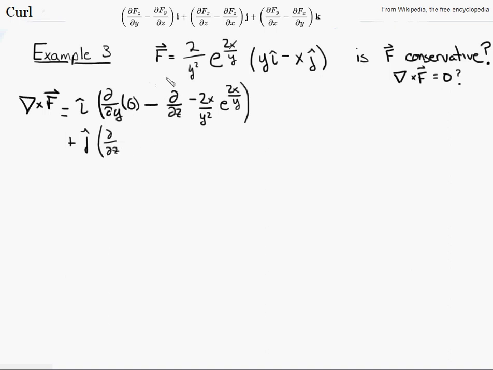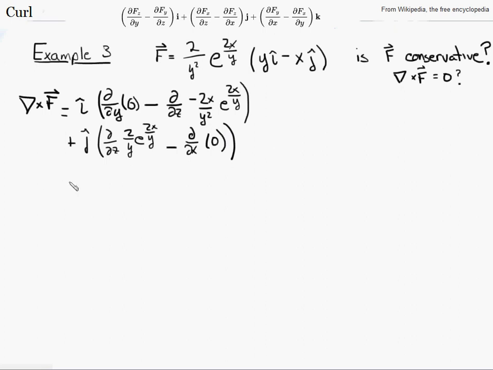Then we go to the i hat part of the function, or 2 over y times the stuff, because the y here canceled one of the y's in the denominator, e to the 2x over y, minus, I just did dz, and then the x part, so now I have to do dx, partial with respect to x, times the z part, and if there's no k hat component here, this is 0, and again, there's no z in any of this stuff, so this part is equal to 0.